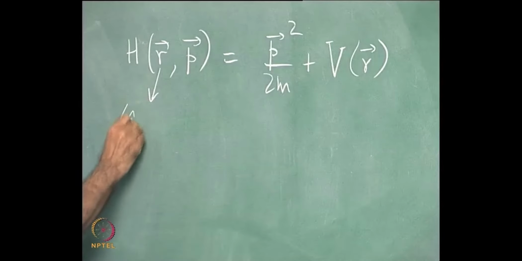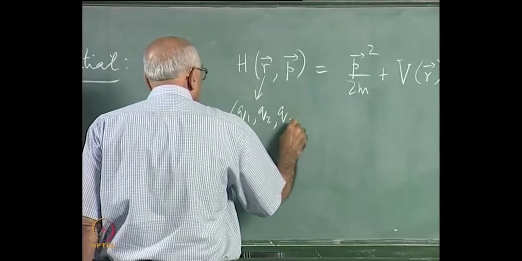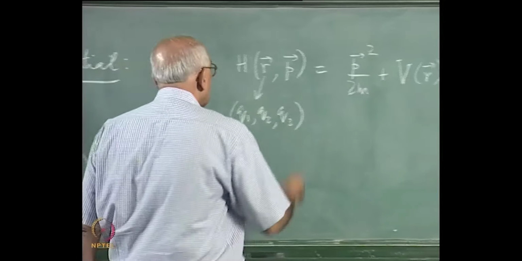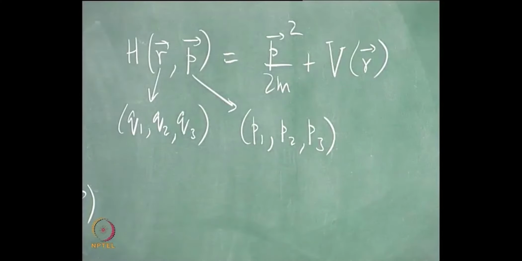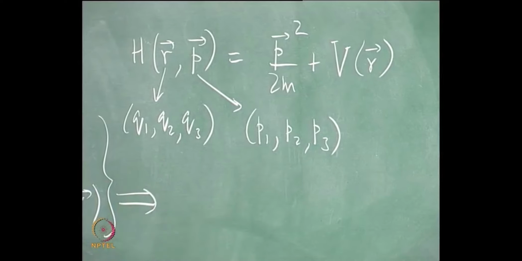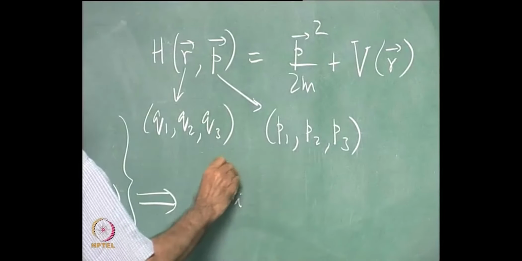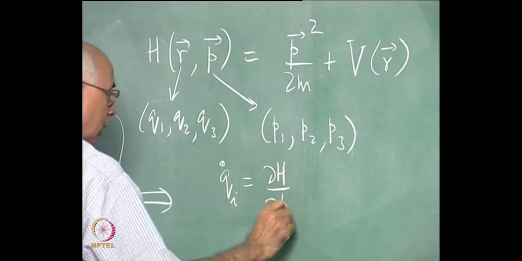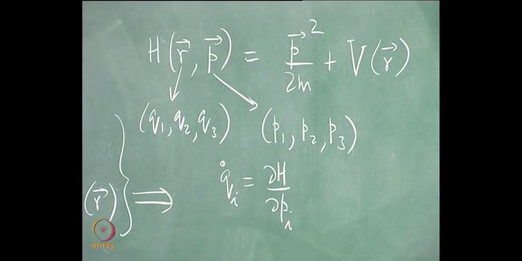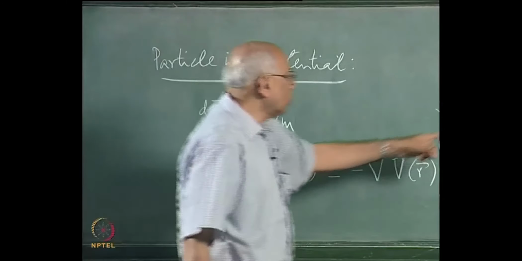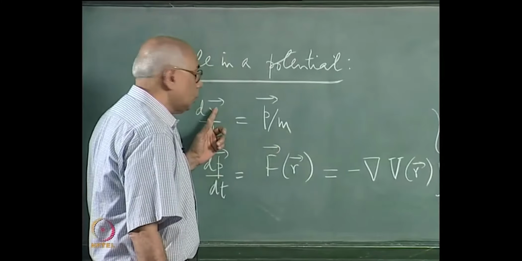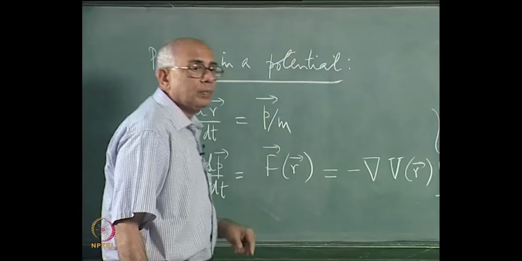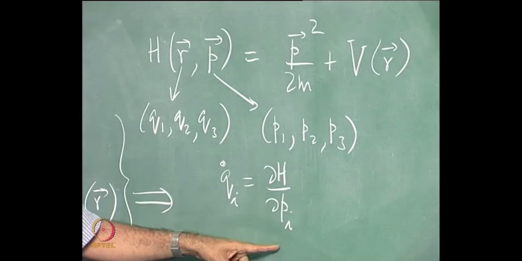And if I call these components q1, q2 and q3, and similarly this has components p1, p2 and p3, it is immediately clear that these equations really imply that qi dot is indeed equal to delta H over delta pi, because if I want to find out what dq2 over dt is, we know from this set of equations that dq2 over dt is p2 over m, and that is precisely delta H over delta p2.